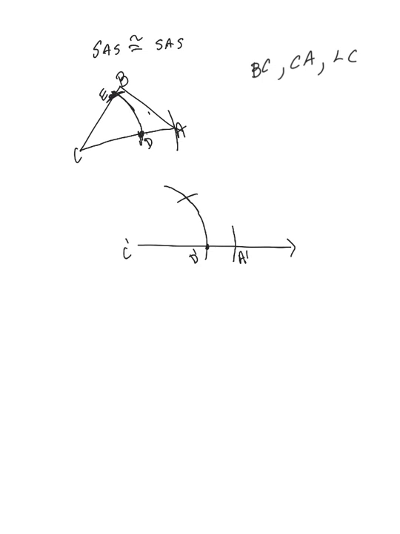I repeat that. So this is E prime. I'm going to draw a ray from C through E prime, and then I just copy segment CB. So I put the compass, the bullseye, on C, and then I make a mark through B to show that I measured this.